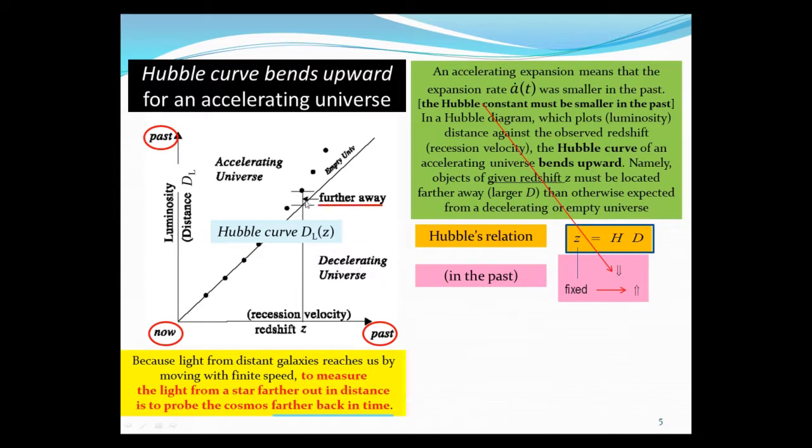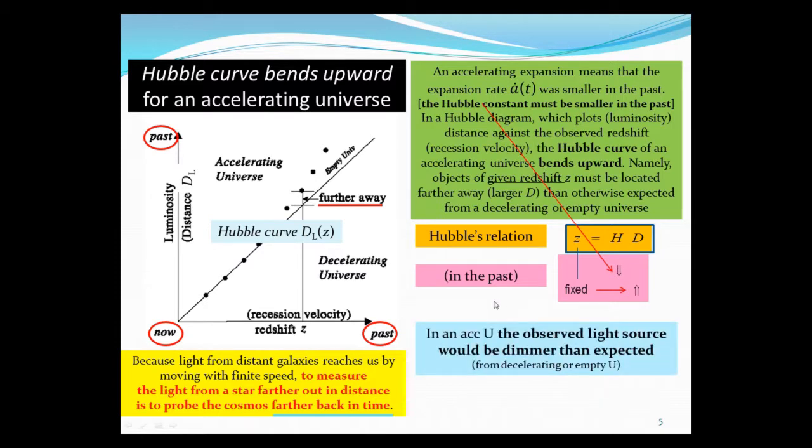That's why the Hubble curve must bend upwards. So it's further than expected. In the accelerated universe, the observed light source will be dimmer than expected compared with a decelerating or empty universe. So that's the thing you're looking for: somehow you find the light appears to be dimmer than you would expect.